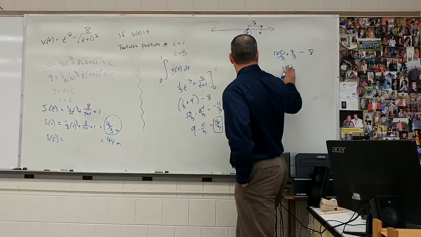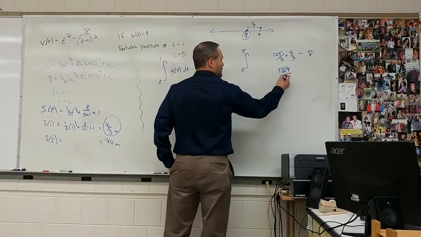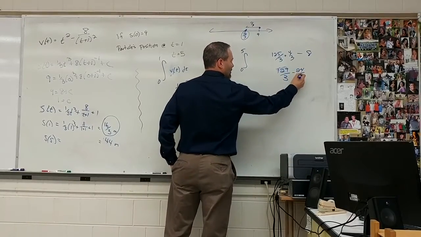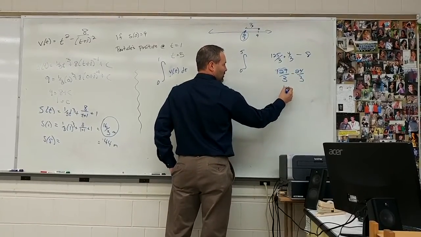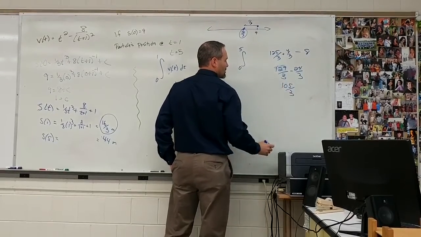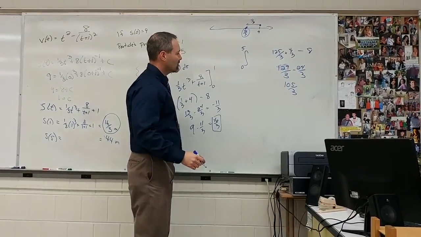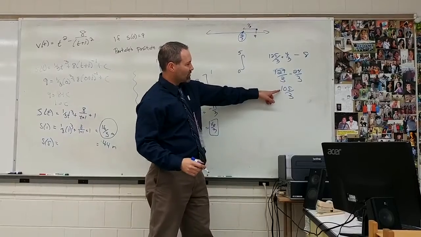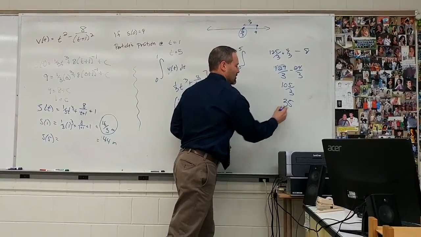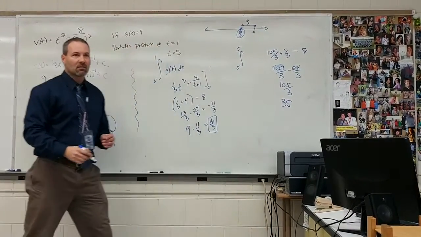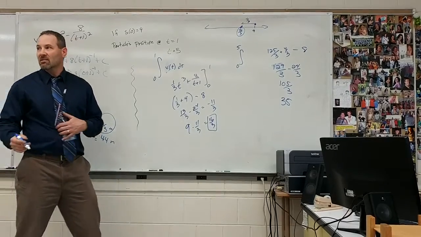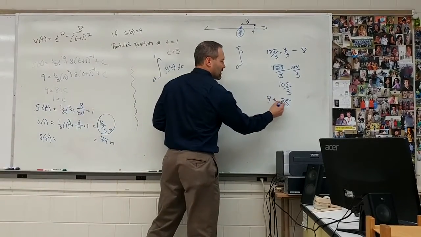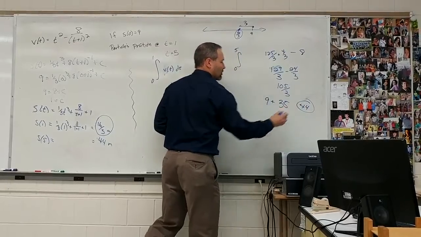So 129 thirds minus 24 thirds gives me 105 thirds. That's 35. 9 plus 35. Does that make sense? Because we started at 9 and we are now at 44.